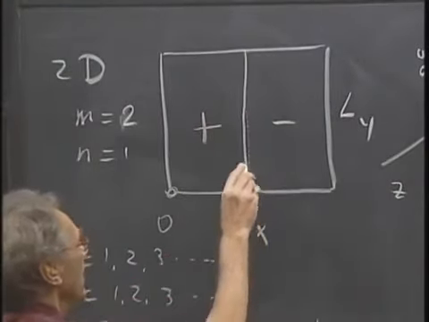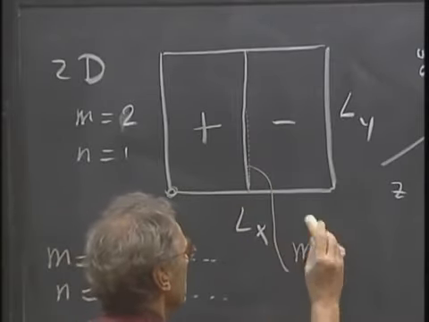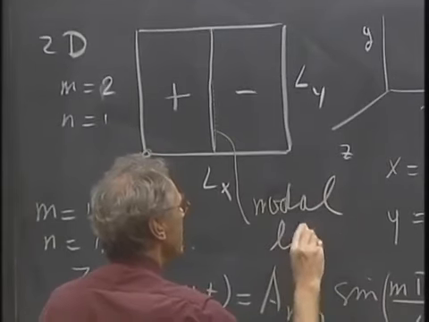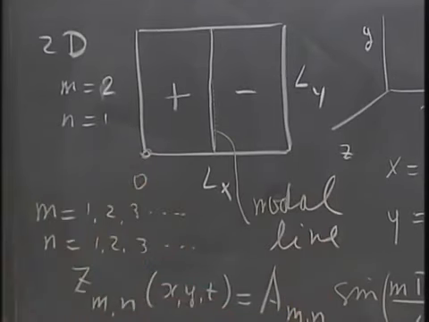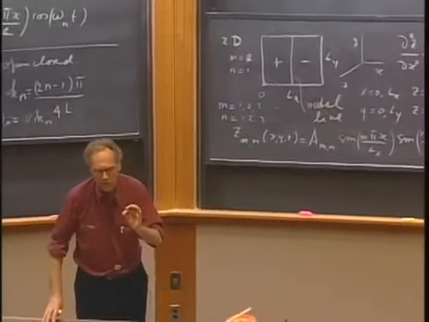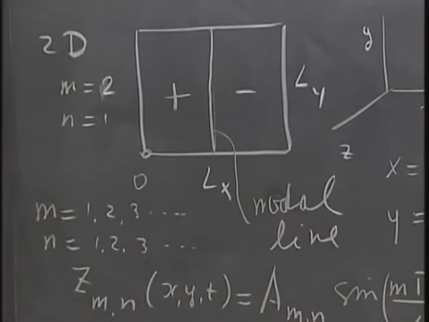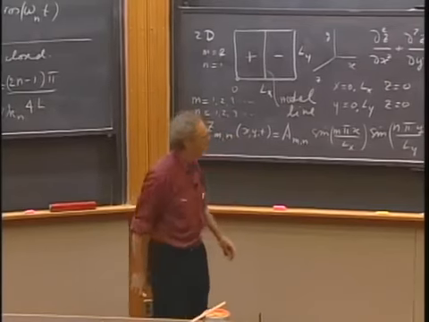And this now is a nodal line. So it's not anymore a nodal point, which you get in one-dimensional solutions, but you get a nodal line. This stands still. And then the membrane oscillates like this and is attached to the edge.